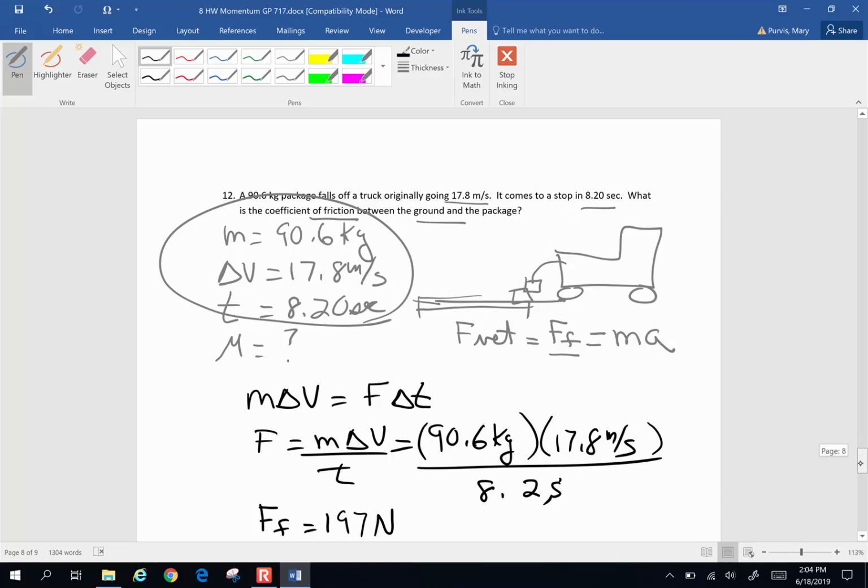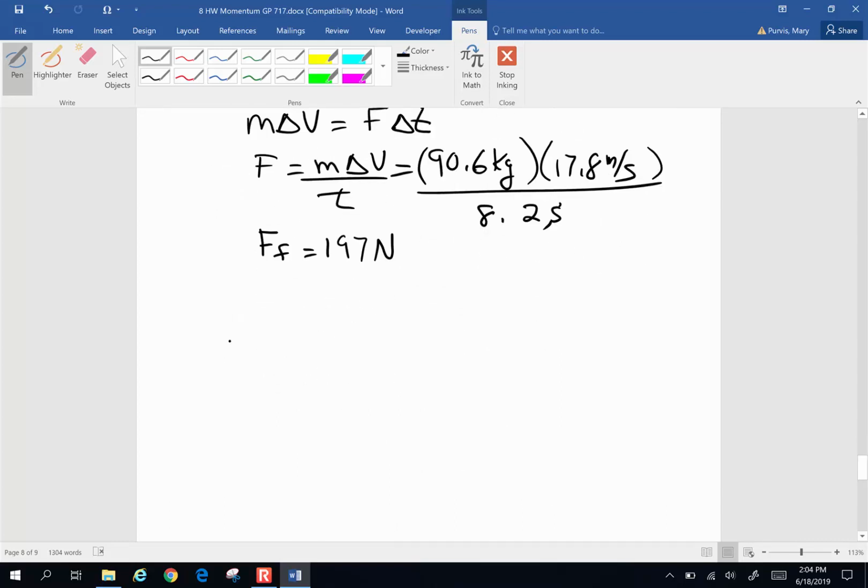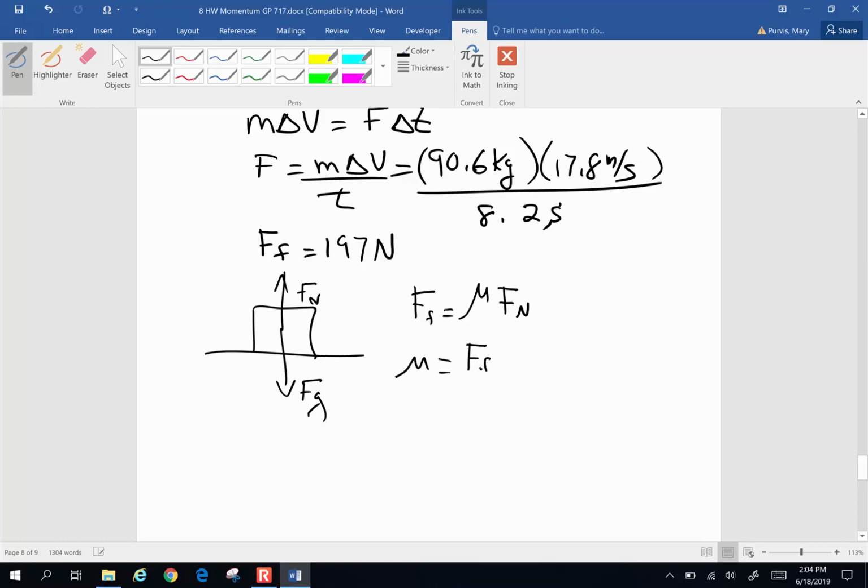Now what do we do? Well, if the package is sitting on the ground, the force of gravity down will be equal to the normal force up. And if you recall, frictional force is mu times normal force. So mu is going to be frictional force divided by normal force, and in this case, normal force will equal force of gravity. My frictional force is 197 newtons.